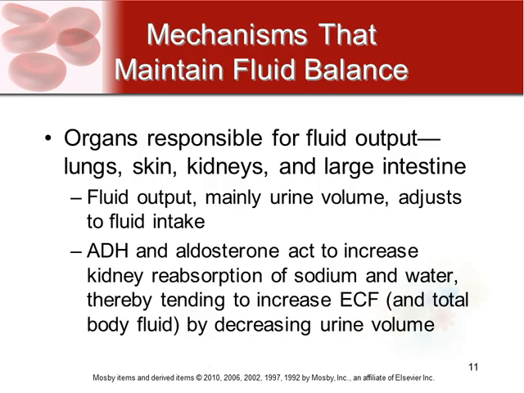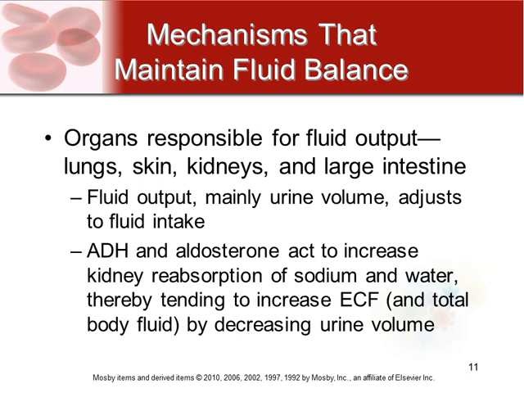So what are the organs responsible for fluid output, since we were just talking about these? Lung, skin, kidney, and your large intestine. Your fluid output, which is mainly urine volume, does adjust based on your fluid intake. Other things that can affect it, if you remember from our last chapter on the urinary system, are ADH and aldosterone.